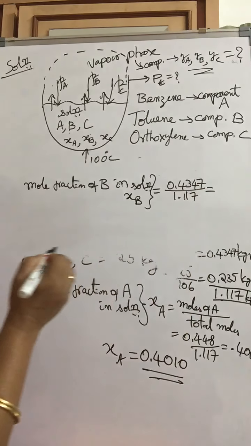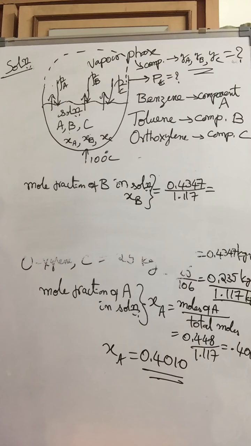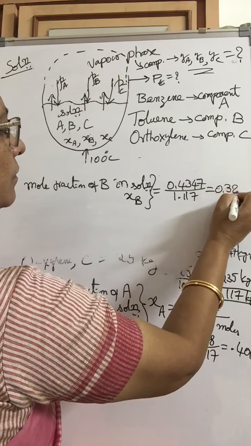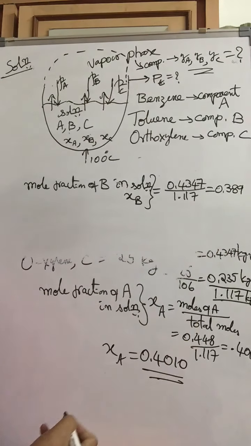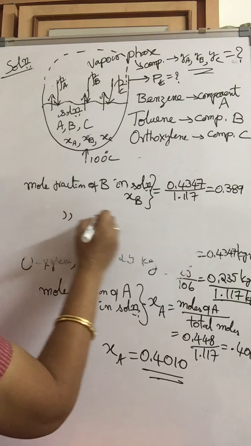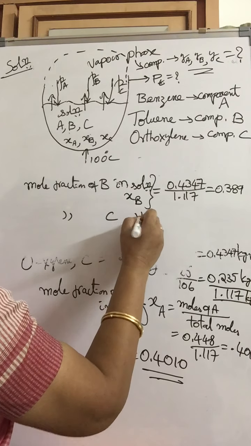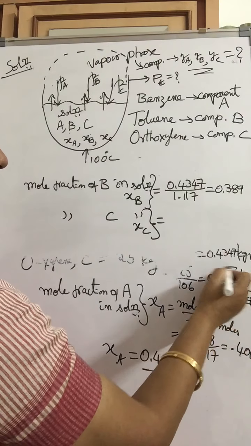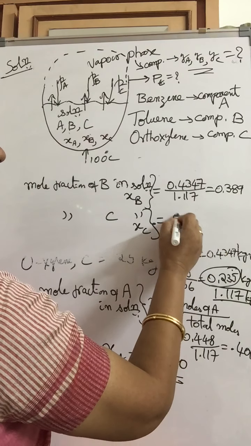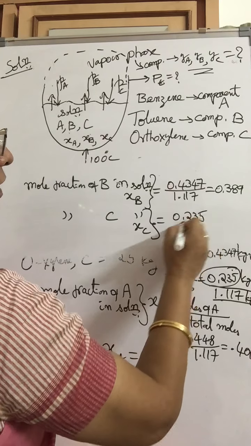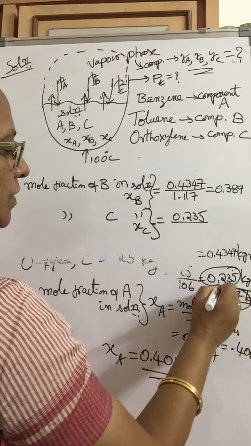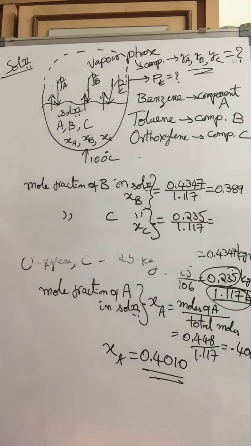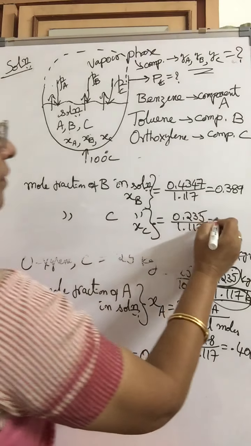This is equal to 0.389. Okay. Similarly, the mole fraction of C in solution, that is XC, is equal to moles of C, that is 0.235, divided by total moles 1.117. This value is 0.210.